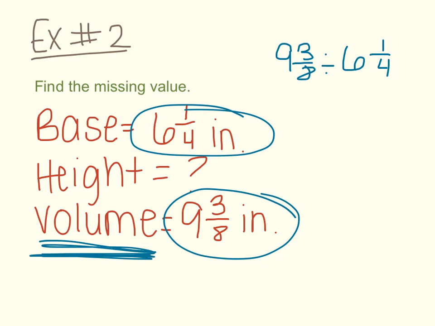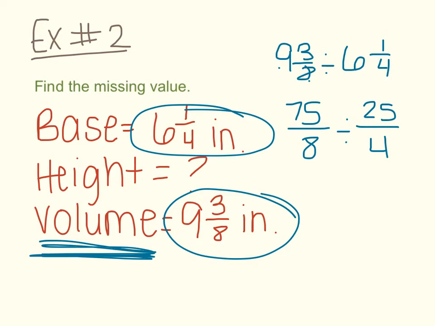Let's change these both to improper. So we have 9 times 8, which is 72, plus 3 is 75, and the denominator stays 8. Divided by 6 times 4 is 24, plus 1 is 25, and the denominator stays as 4.